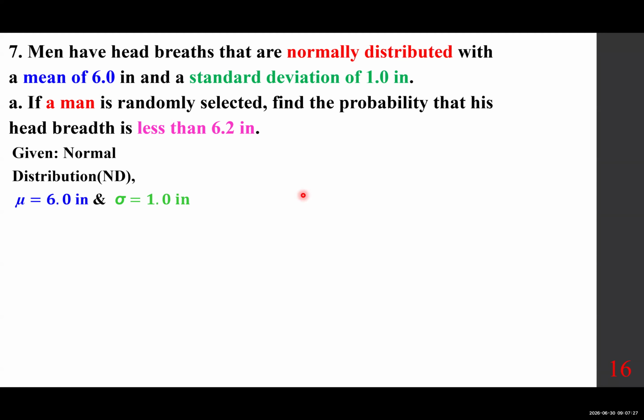Now, it's important to know we are dealing with how many subjects? Just one subject. N equals 1. We want the probability of X less than 6.2. With N being 1, we are going to use z equals X minus mu over sigma.